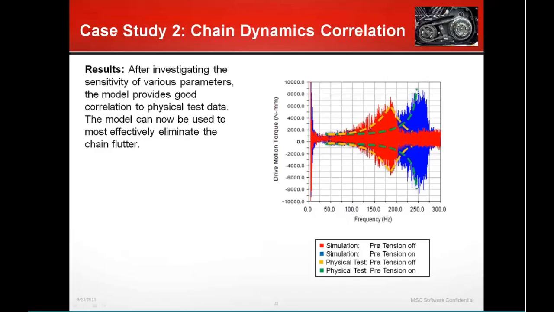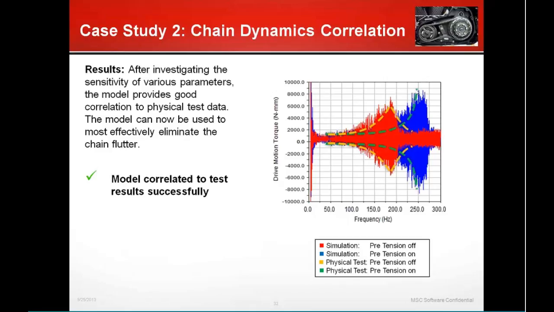With that kind of matching and that high fidelity model, we are very confident that from this point forward, we can go ahead and study and fine-tune the system so that we can diminish the resonance effect.